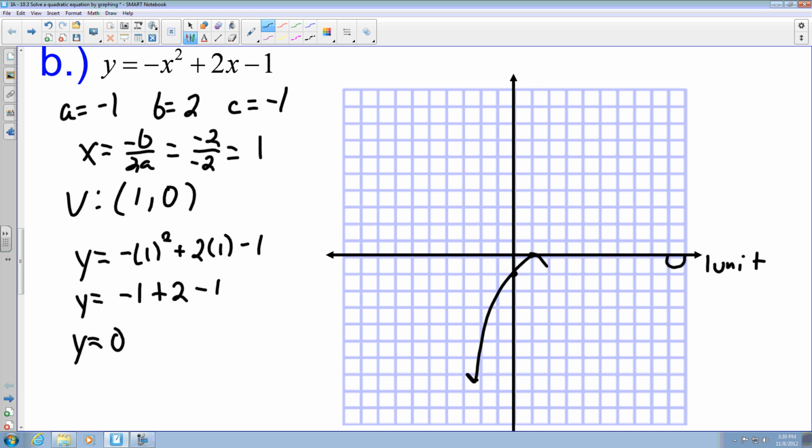We know that it is a downward direction because A is negative, and we don't necessarily have to solve for 0, as long as we have the graph. If you wanted to solve for it and set y equal to 0, you can. You'll find that x will equal 1 for both solutions, and you can double check if you'd like.